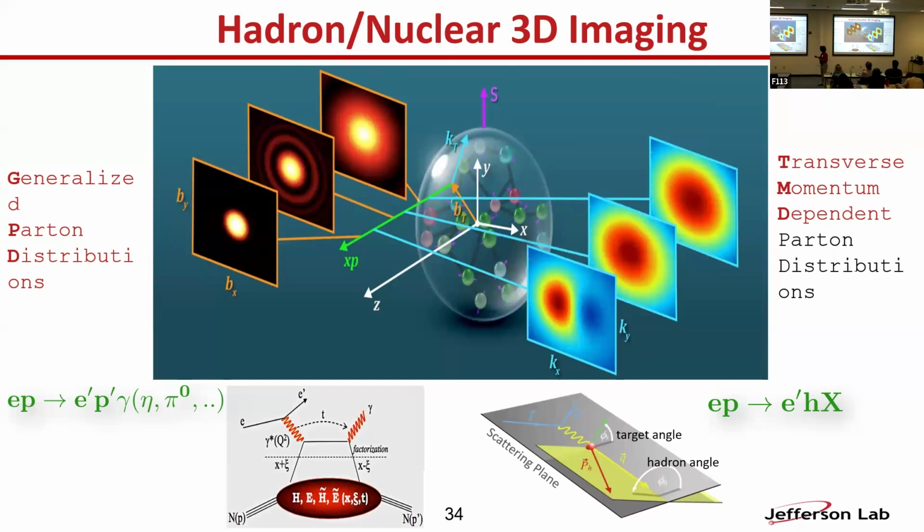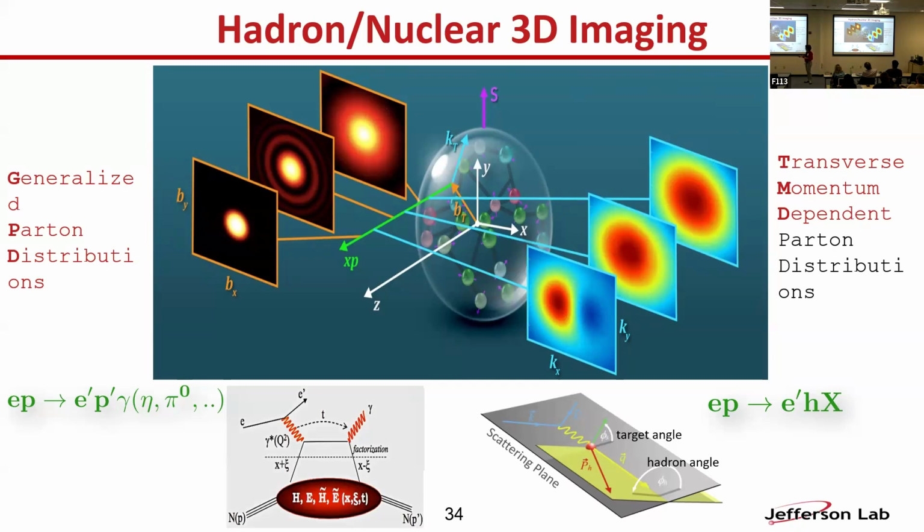As I told you, we measure the transverse momentum dependent parton distribution functions, in which we access these TMDs by measuring in the final state not only the scattering electron, but also at least one hadron. But now we are doing experiments also measuring more than one hadron. And for the generalized parton distributions, exclusive processes.